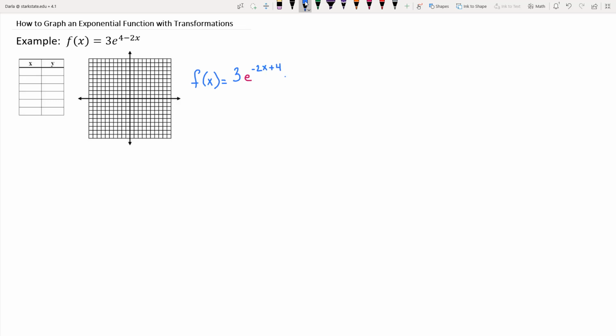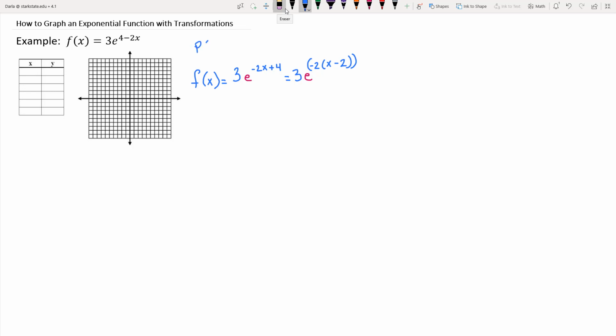And then I'm going to rewrite it one more time. And I'm going to factor out the leading coefficient on x because that helps me determine the different transformations that I have. So it's negative 2 times x minus 2. So that's my power overall. And so that allows me to see the transformations on my parent function.